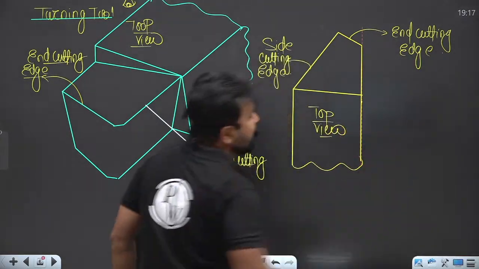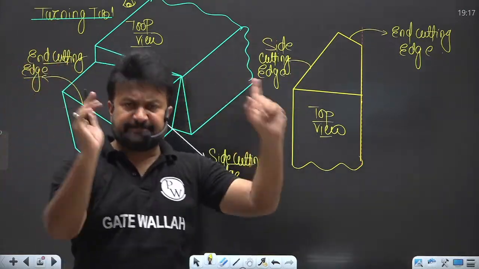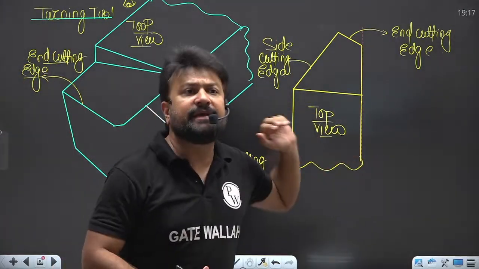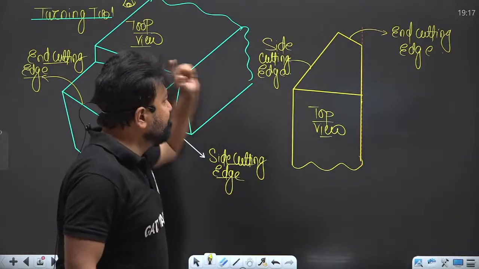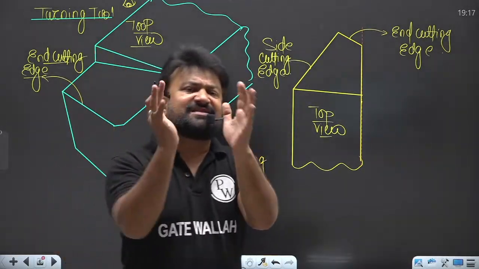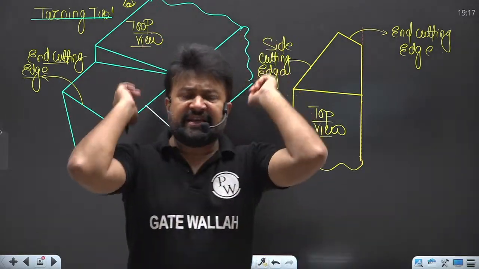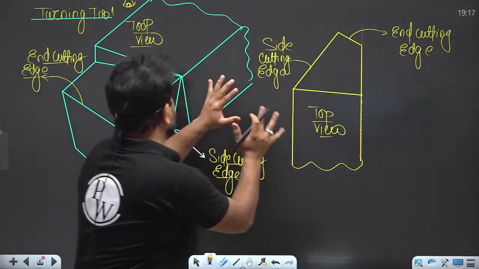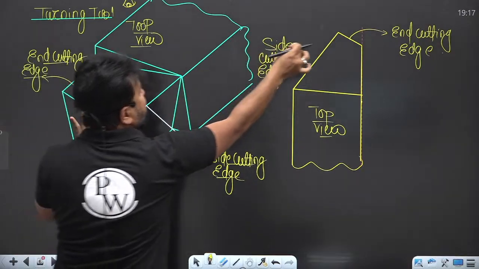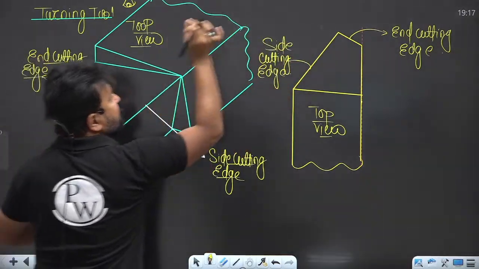So this view is clear. This picture is clear. Yes or no? This is a top view. This is a side cutting edge which I have drawn here. This is an end cutting edge which I have drawn here.